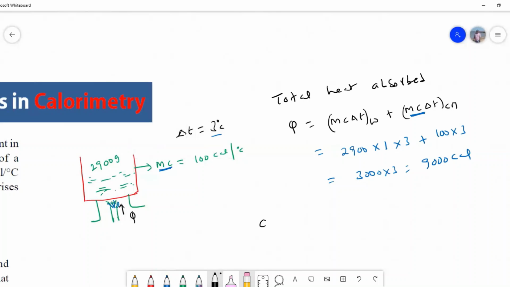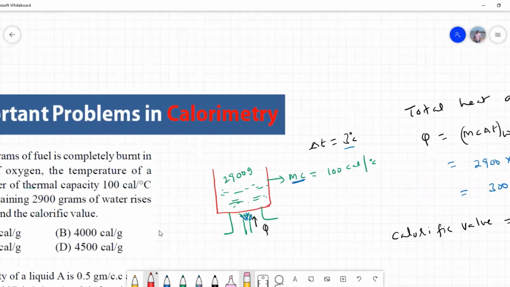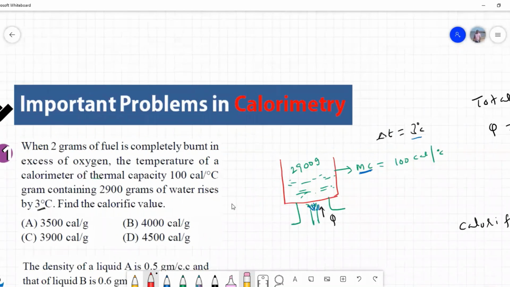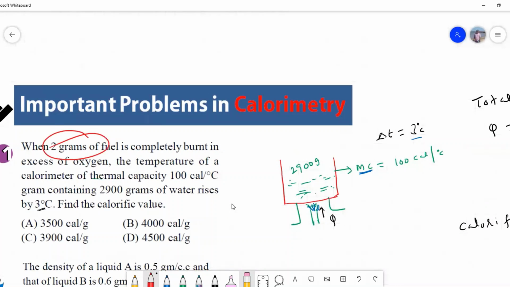So what is meant by calorific value? Calorific value of any substance is the amount of energy that can be produced per unit mass. Energy produced per unit mass is nothing but the calorific value. So how much is the energy produced here? 9000. By how much is the mass? I said 2 grams. The fuel is 2 grams.